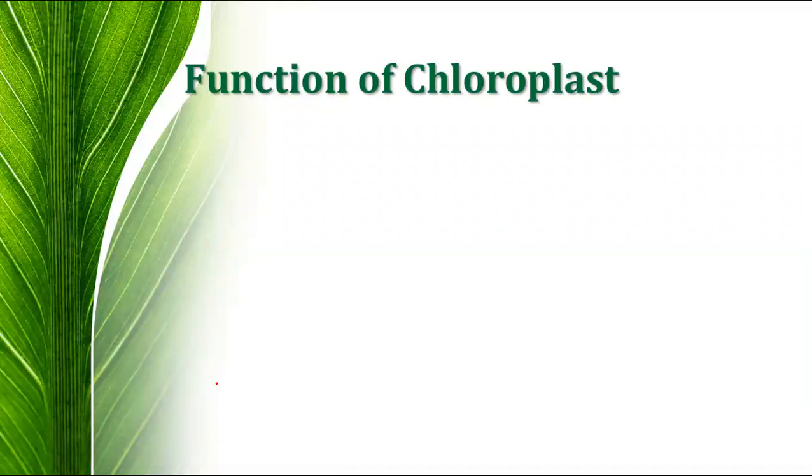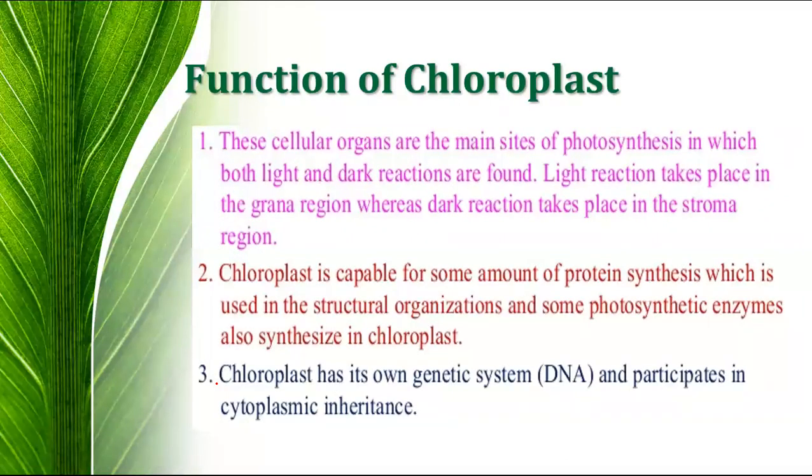Now the functions of the chloroplast. The first function is that the chloroplast is the main site of photosynthesis. Here two kinds of reactions occur, the light reaction and the dark reaction. These are the two very important stages of photosynthesis, and both occur in the chloroplast.